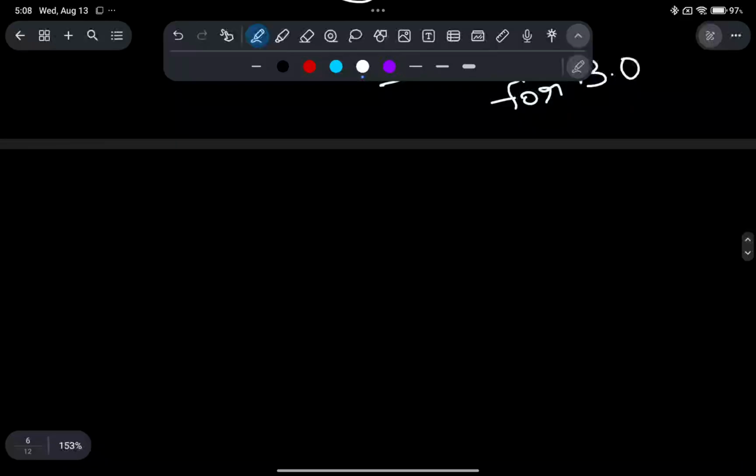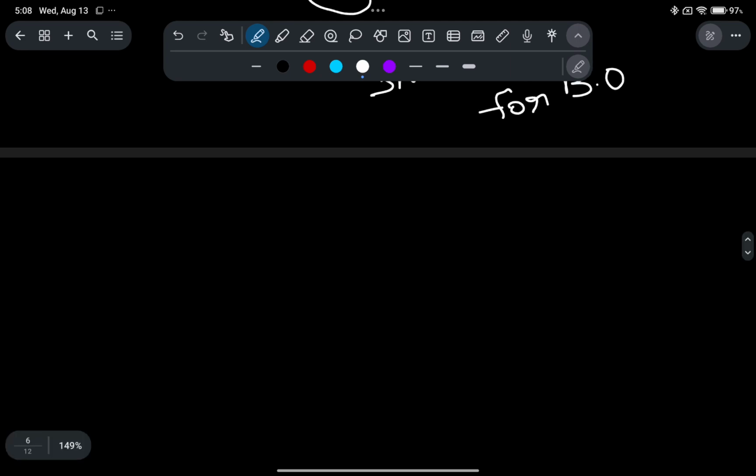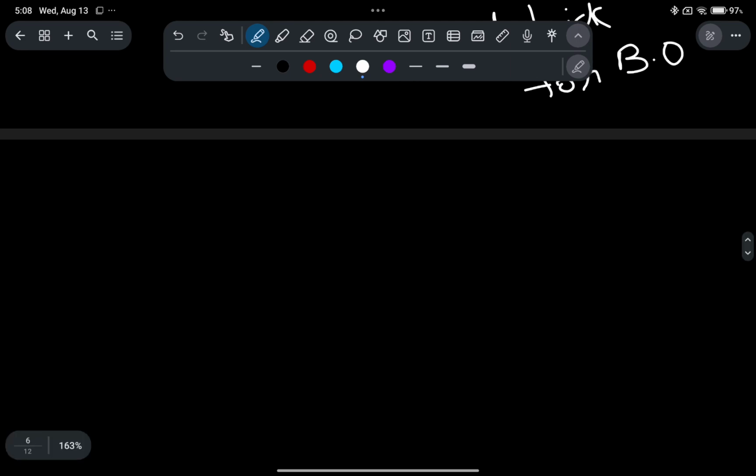Okay, next, up to now you have completed the MOT theory. Let's see how it is used in examples.